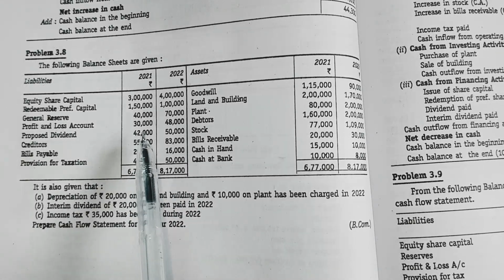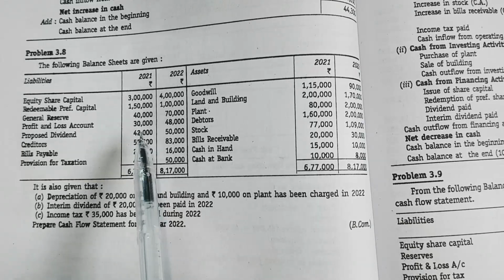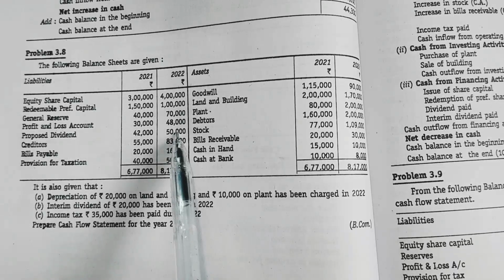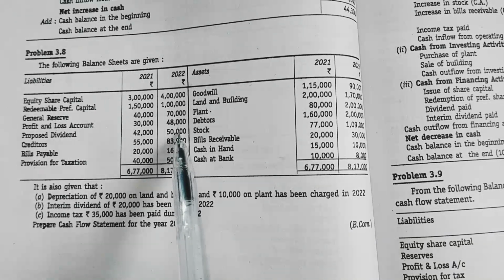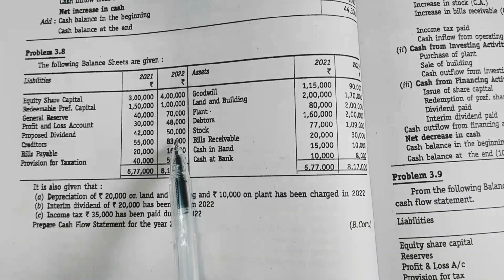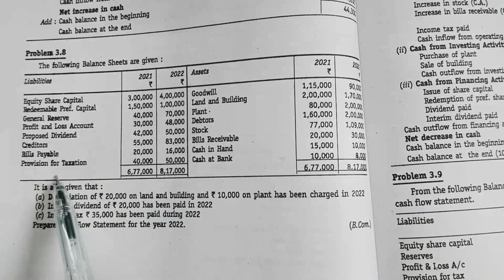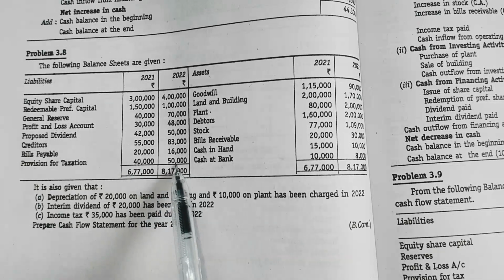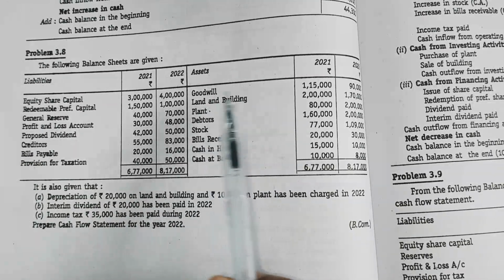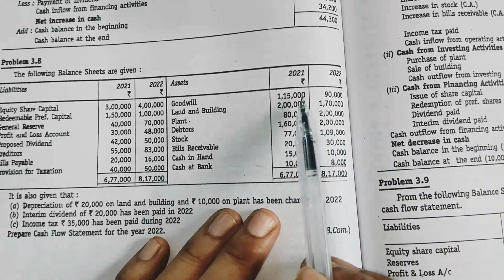This will be shown in the financing activity, base year one and the current year one, whatever it is there, this will be shown in the operating expenses. Creditors, increase in creditors, add. Bills payable, decrease in bills payable, minus. Provision for taxation, increase it is there. Goodwill written off, it is minus, it is written off in operating expenses.